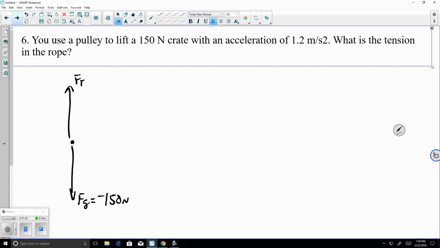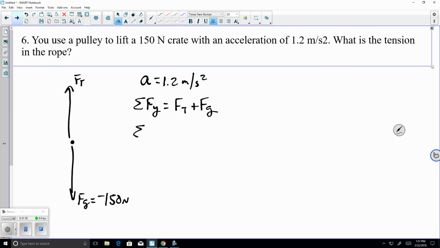So we have some knowns here. We have a equals 1.2 meters per second squared. We want to find Ft. That's what we're going to find. So we're going to have to use the force diagrams and the force equations. Remember, this is in the y direction, same thing we did last time. The sum of forces in y is equal to, units are a little different, Ft plus Fg.